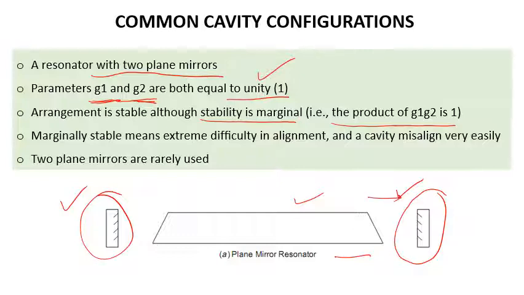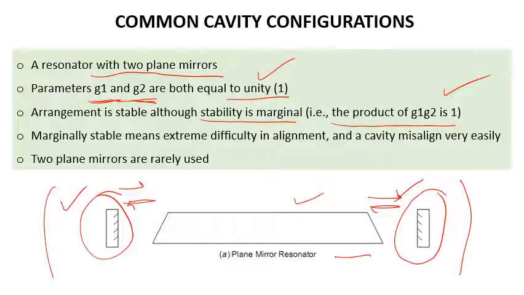With a little bit of misalignment, the product will increase, and it could be like 1.1 or 1.2. That is why mostly we don't use two plane mirrors in the cavity. Under certain circumstances it can be used, but it depends on the situation, and it's very rare.